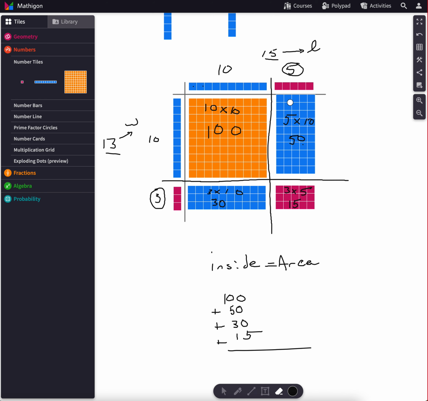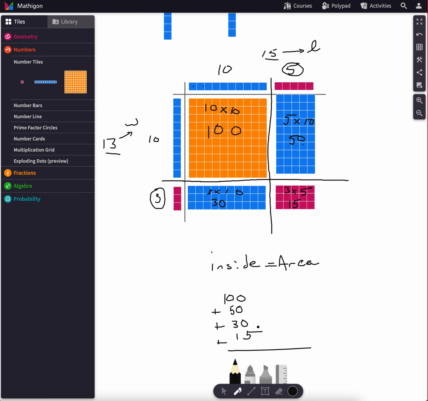I just wanted you to see it actually working in front of your eyes in something that you know how to do. 13 times 15, you could type it in your calculator and get an answer. I want to show you behind the curtains what your calculator is actually doing, so that when we come down and they're not numbers anymore, like what you see in number 20 onwards, you can just apply this process and figure it out.